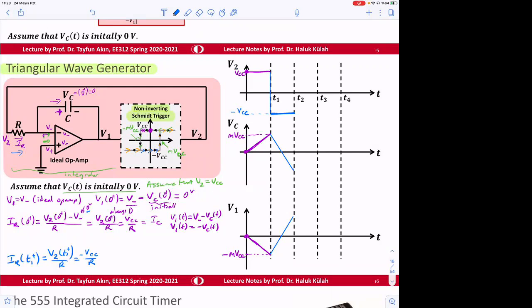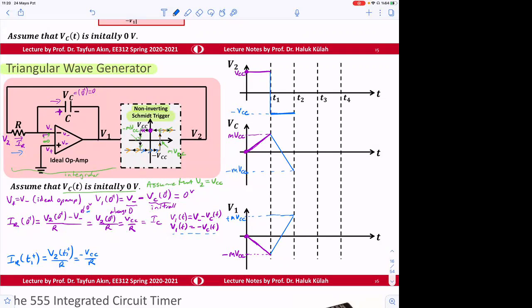And when it reaches MVCC, things will be different. So that means the critical thing here is minus MVCC because they are negative this time, negative of each other.